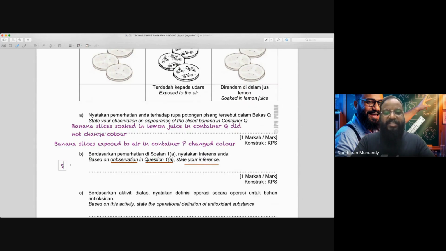So you say lemon juice contains antioxidants that prevent the oxidation of the banana slices.